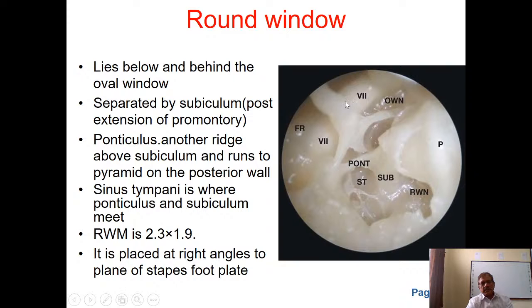And just above that is the horizontal part of the facial nerve, the seventh nerve, and that is the oval window, and that is the round window which is covered by the secondary tympanic membrane.